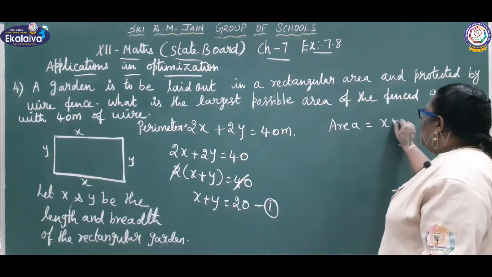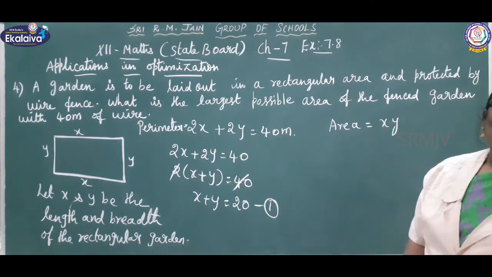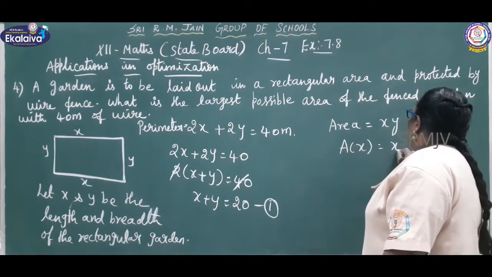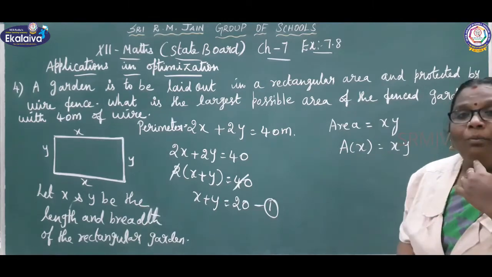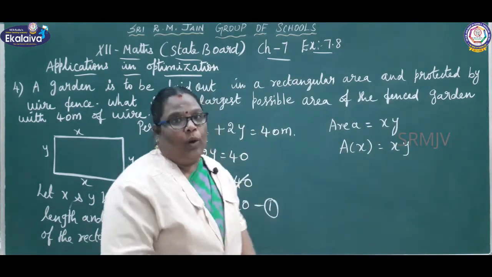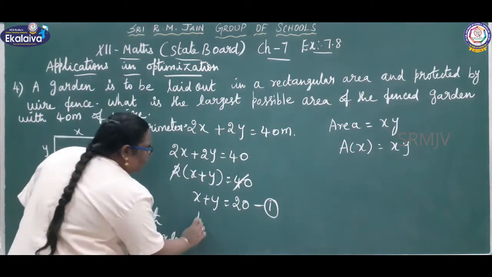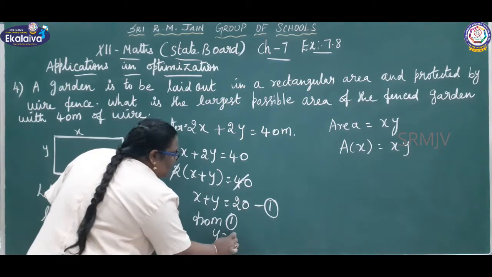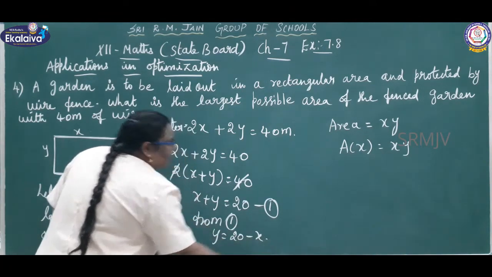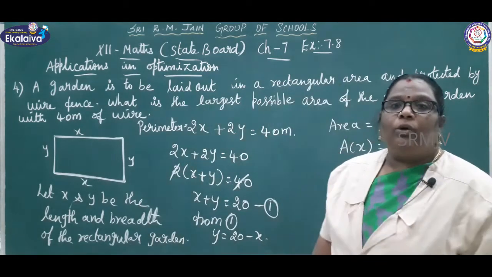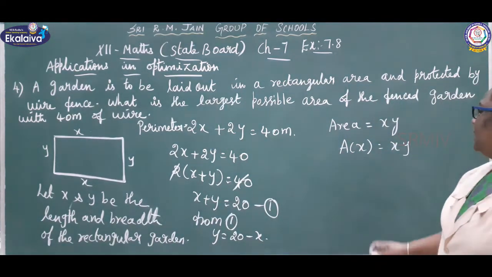So area equal to xy. That is A of x equal to xy. From 1, y equal to 20 minus x.